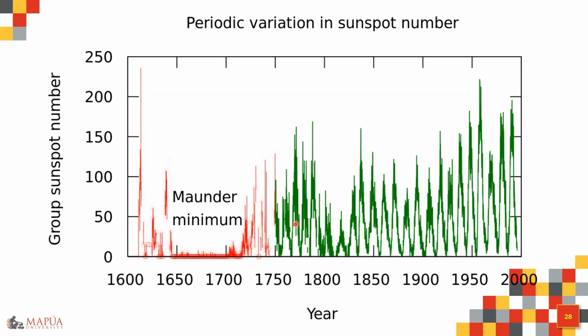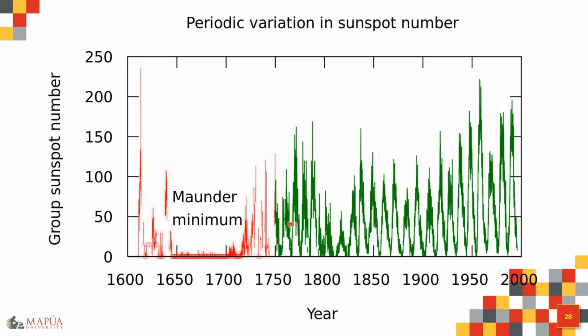However, the influence of sunspots or solar activity on the Earth's climate has decreased because other processes that influence Earth's climate are more dominant nowadays, and that is your greenhouse effect or your greenhouse gases.